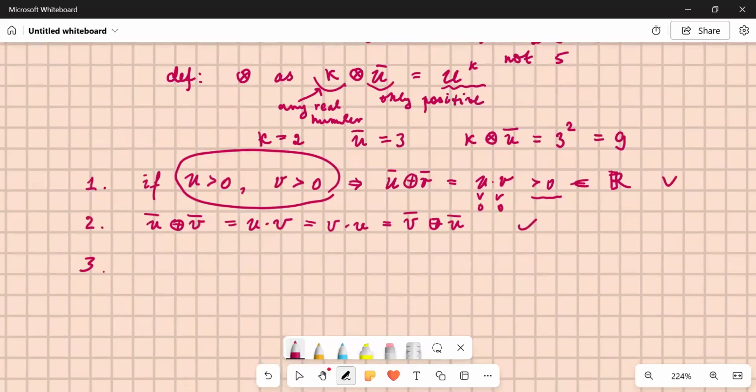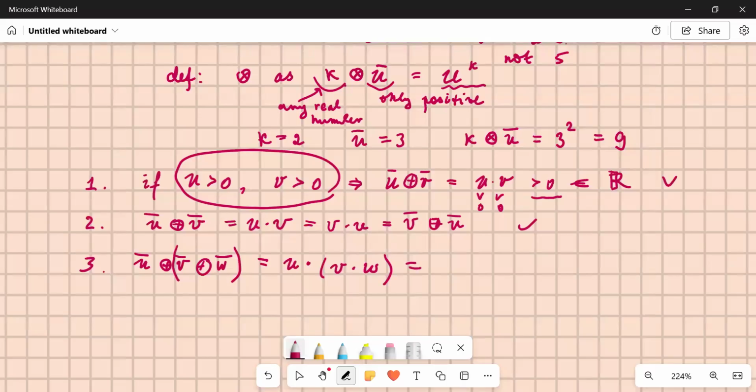Number 3, associative law. u plus v plus w. And we can put parentheses as we like. So let's put parentheses like this. And what is it going to be? Well, you know that u plus the sum of v and w is the multiplication of number u by the product of v by w, right?